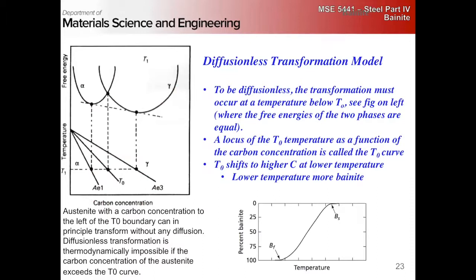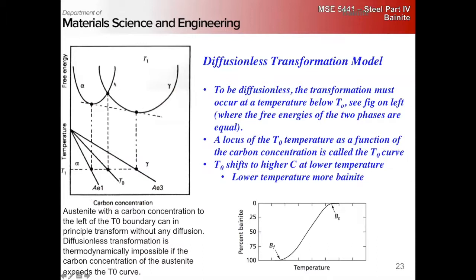Okay, so does it make sense that it's not going to happen if the free energy of my austenite is not lower than the free energy of my ferrite, right? So that means I have to be in a higher state of free energy in austenite, and for the same carbon concentration, I have to fall down, right? If I'm over here, my austenite is lower free energy than my ferrite. So I'm not going to transform, because I'm going to be going up.